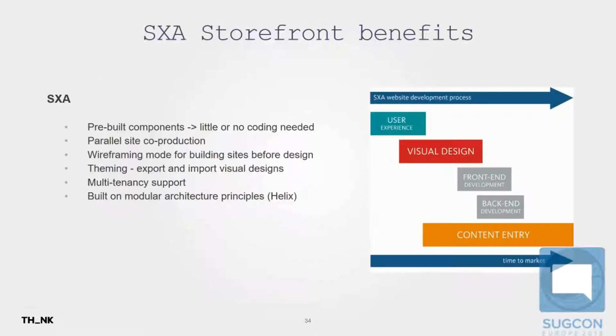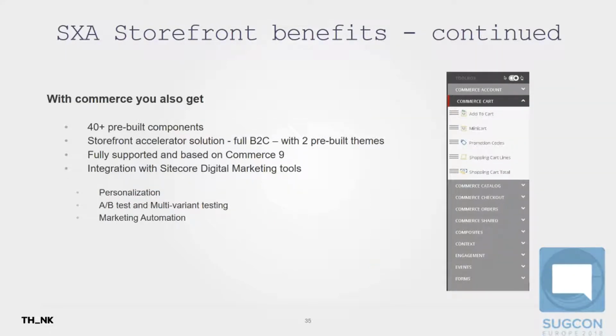The benefit of using XXA is that you get pre-built components. So you can use components provided by Sitecore, and it also supports multi-site capability, multi-store, multi-site, based on Helix, and supports theming. And then 40 plus components, and we are still adding more to it.